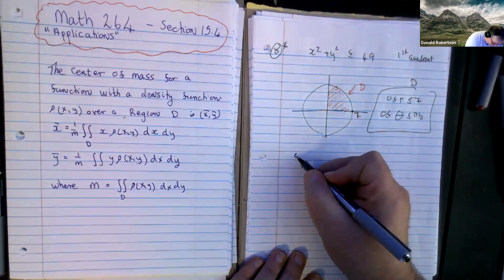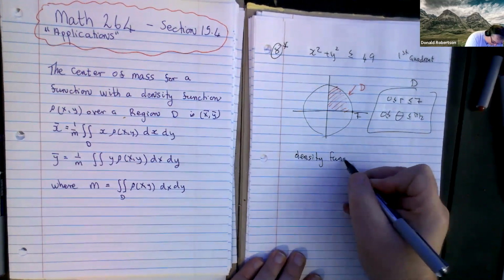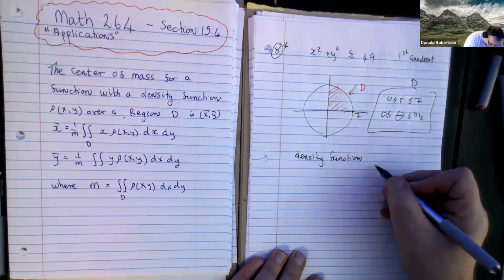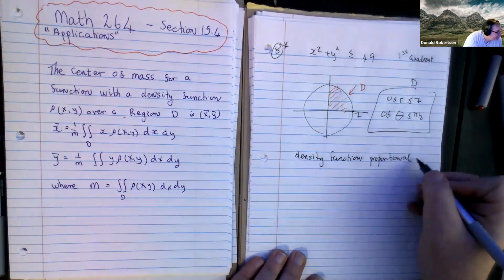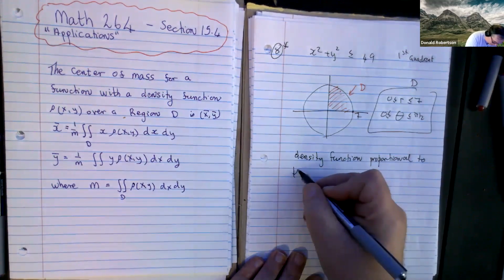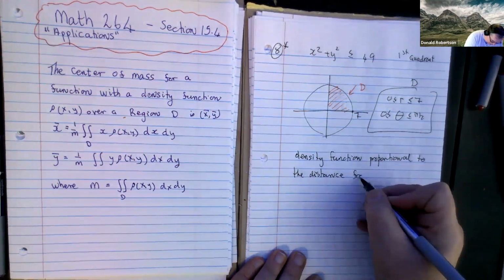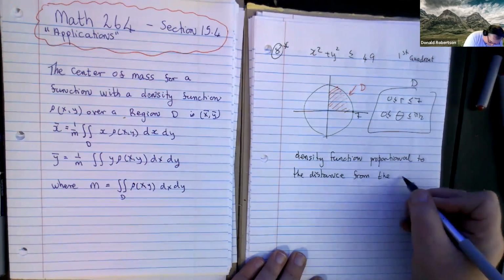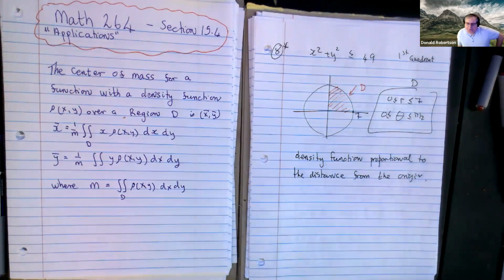The density function is described as proportional to the distance from the origin. Right, well, some of you know the language of proportion.